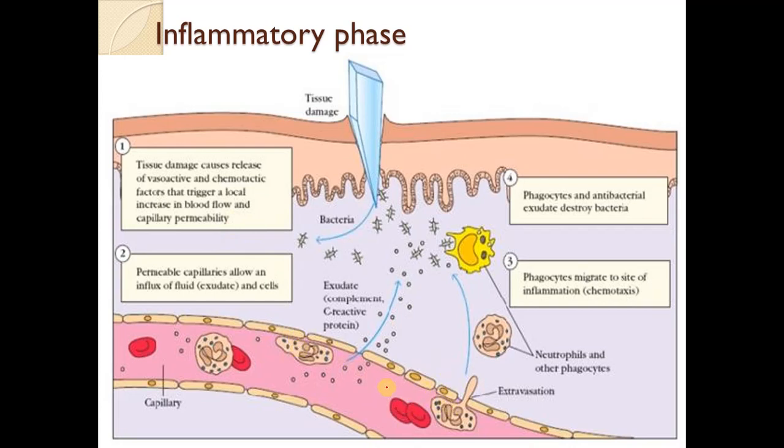When the capillary and the blood vessel permeability increases, the gap between the endothelial cells increases, and the inflammatory cells will start to move out of the blood vessel and reach the injured site. The first cells to reach here are the neutrophils. These cells will eat up any bacteria if present, and the cellular debris.